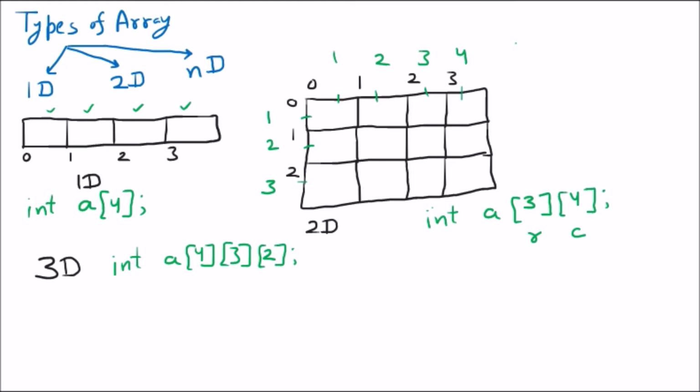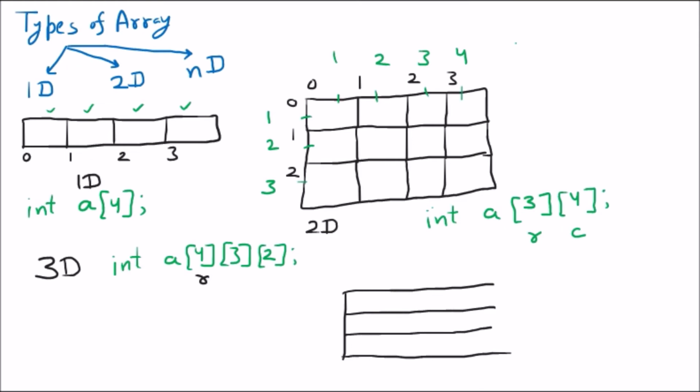Now we are going to take the example of the 3D array. Let us suppose that this 4 is the row. How many rows are there? 1, 2, 3 and 4. So these are the 4 rows. Then how many columns are there? 3 columns. So 1, 2 and 3.